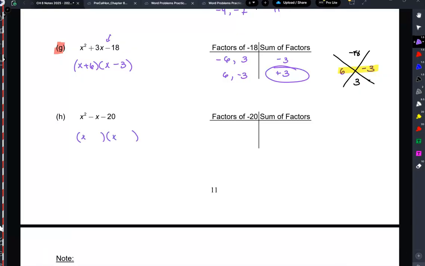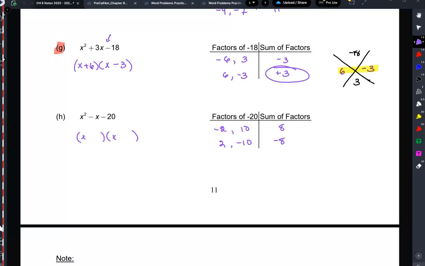Okay, I need numbers that multiply to negative 20. Let's do 2 and 10. Oh, but I need negative 20, right? So let's do negative 2 and 10. What does that add to? That's positive 8. Okay, that's not even a thing. What if I do 2 and negative 10? That's negative.